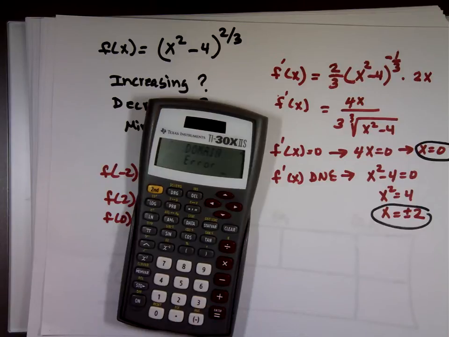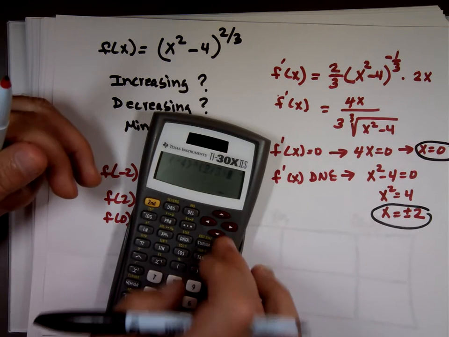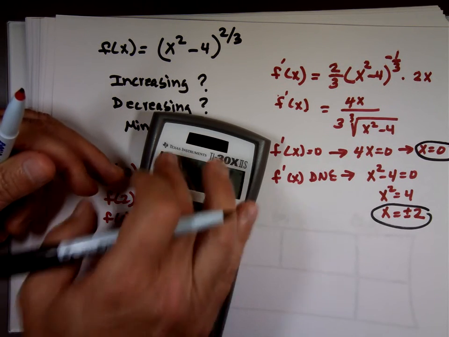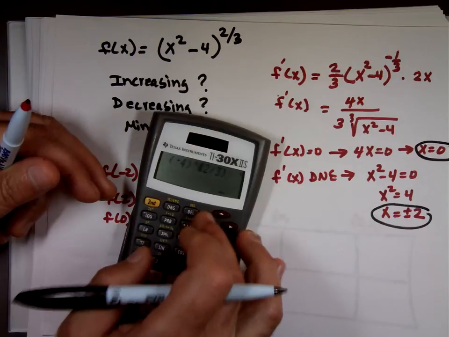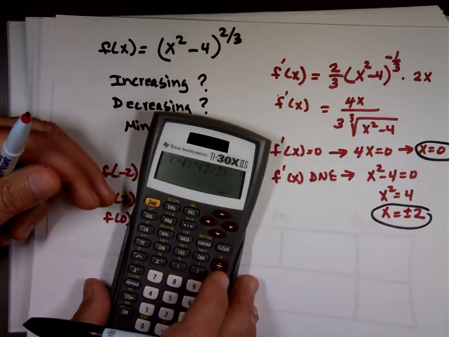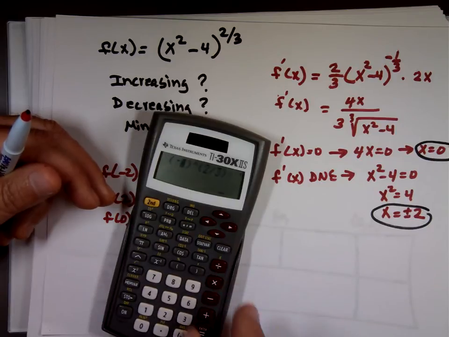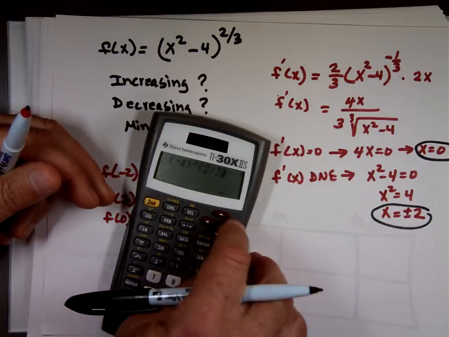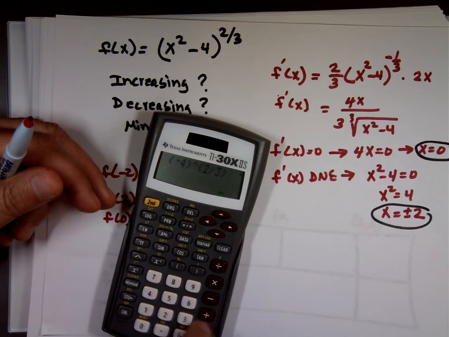And I got an error. Why? Let me see if I typed it wrong. Oh, I probably didn't use the right minus sign. Is that the right minus 4? That should be okay. Maybe this is just a cheap calculator. It doesn't know what that is. Yep, this one is a cheap one.